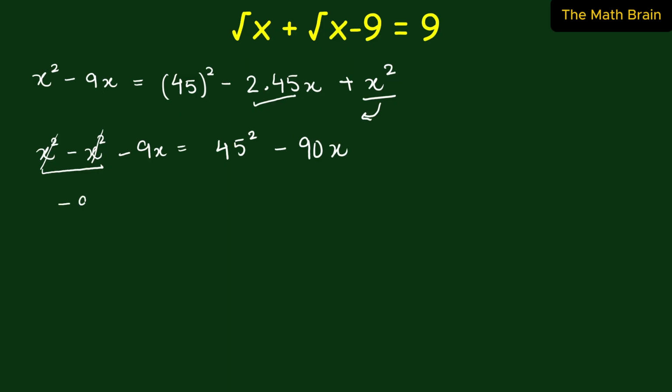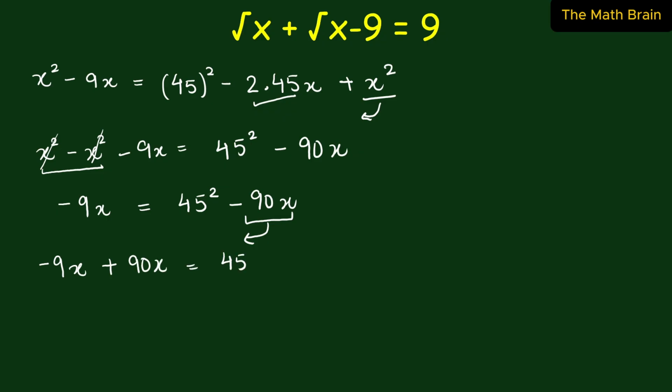We are left with −9x is equals to 45² − 90x. Take this −90x to left hand side and we will get −9x + 90x is equals to 45 into 45.